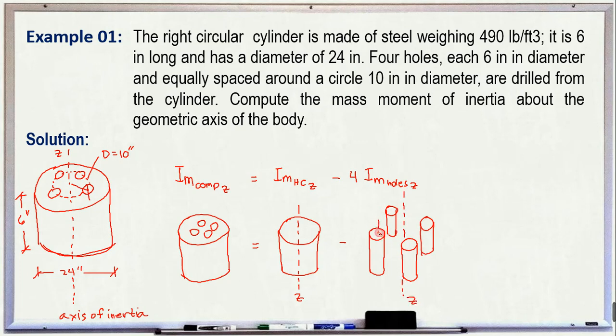Meaning, their distances are equal, that is d is equal to the radius of this inner circle, so that is 5 inches. So the first thing that we should do is to solve first the huge cylinder, and then afterwards solve for the mass moment of inertia for the 4 holes.